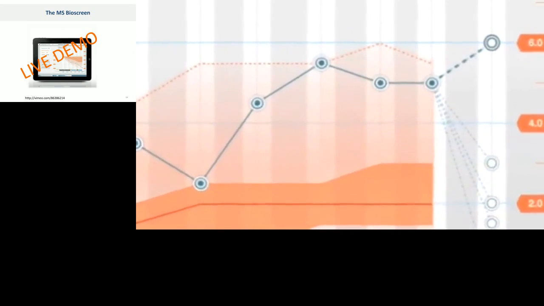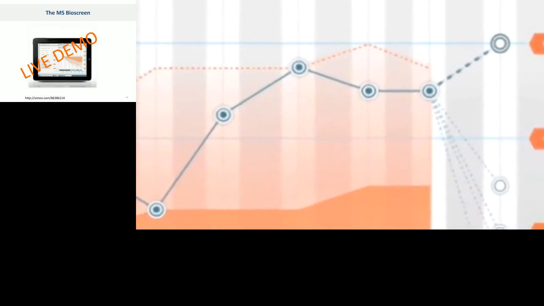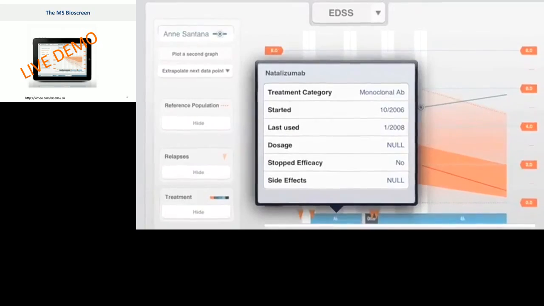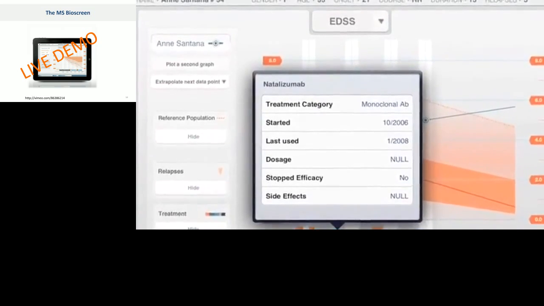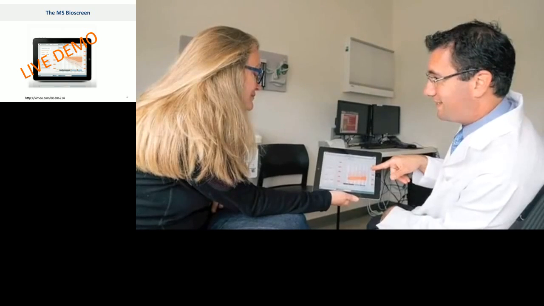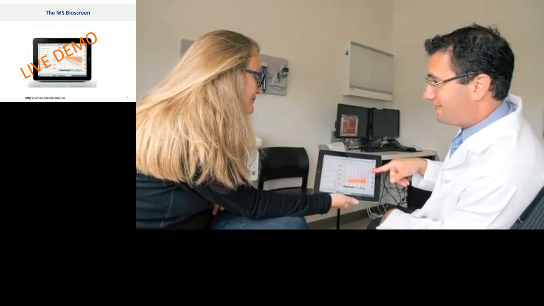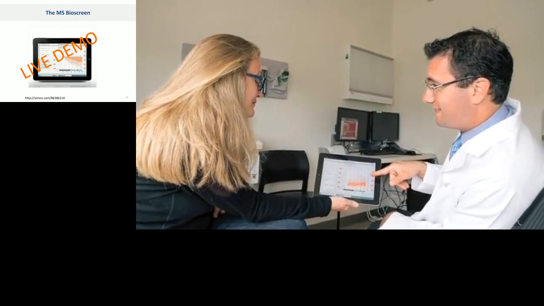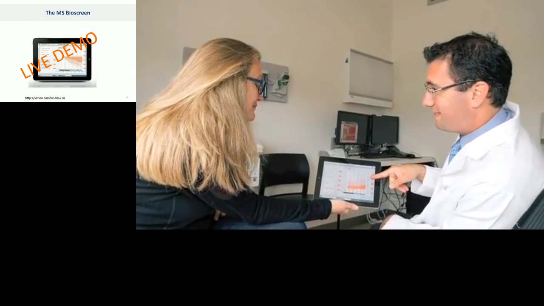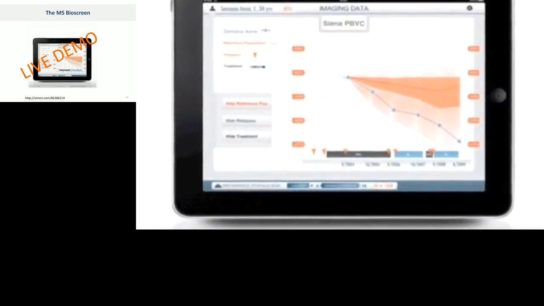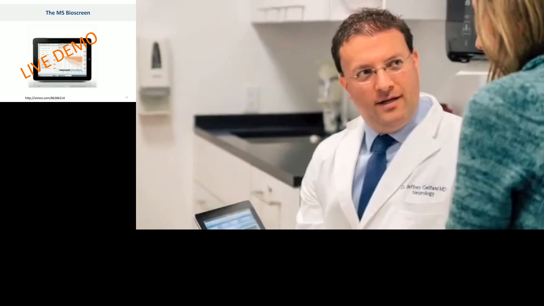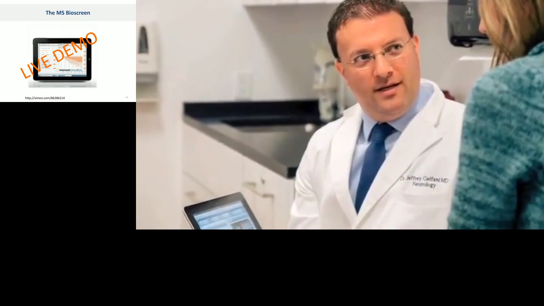Thirdly, the enhanced comparison enables Dr. Smith to assess the probable path of Anne's disease, which informs a more precise and personalized therapeutic decision-making. The MS Bioscreen is also a great way for Dr. Smith to share information with Anne so she can be equally informed of her disease progression and actively participate in her treatment decision. This is a new way to practice medicine that is evidence-based, data-driven, and highly personalized to accelerate the path to the right treatment for each patient.